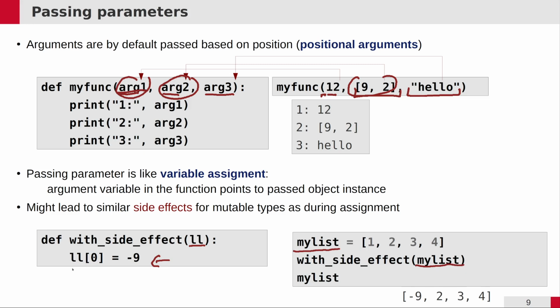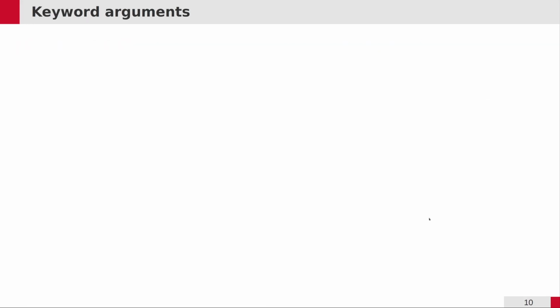Here I'm manipulating the 0th element of the list, and that means that after finishing the function, the changes can be seen in the original list, because, as we said, with assignment of mutable types, L will point to the same location in memory to which my list also points, where the list 1, 2, 3, 4 is stored. So watch out for side effects here when passing mutable data types.